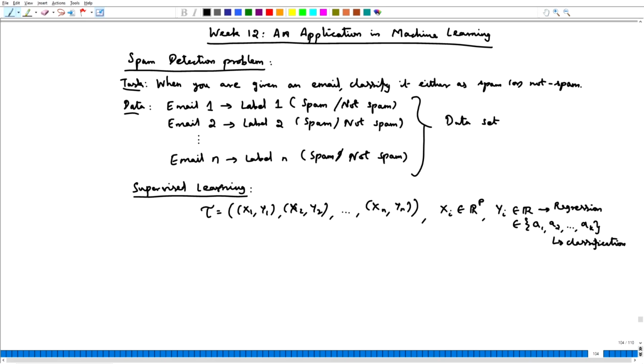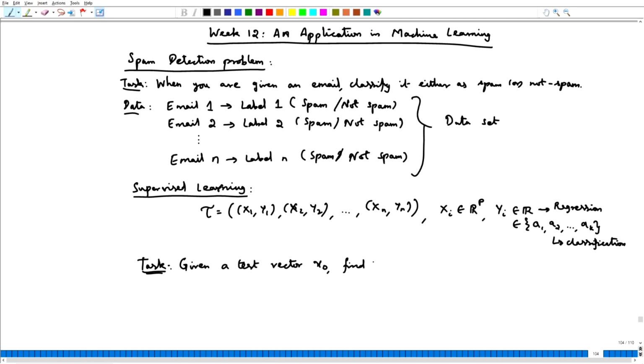From this, the task that you have is, given a test vector x naught, find y naught.